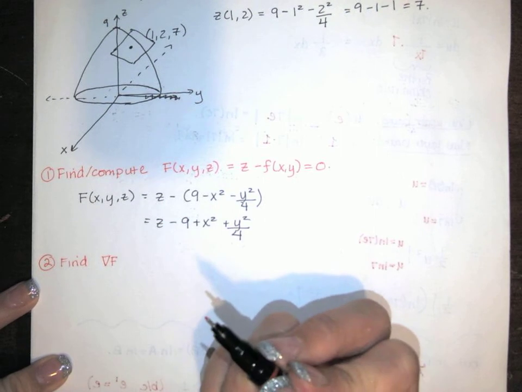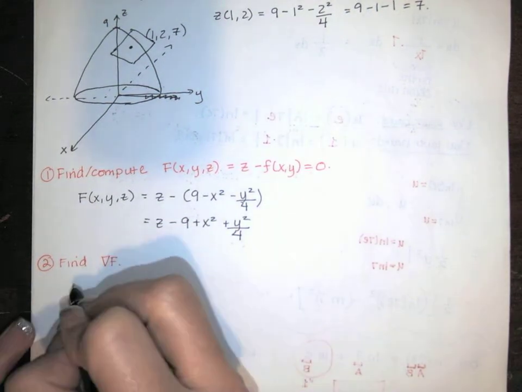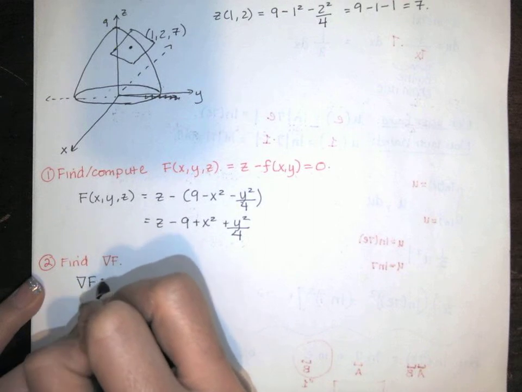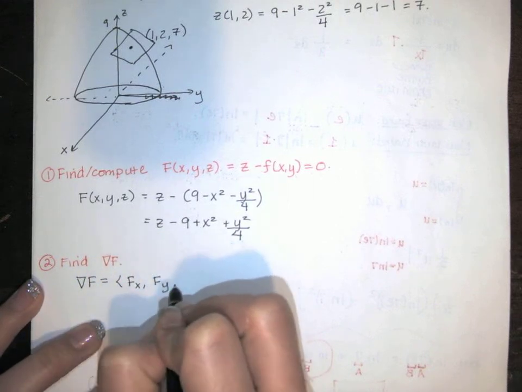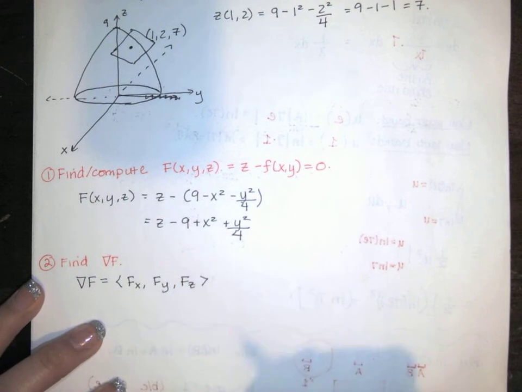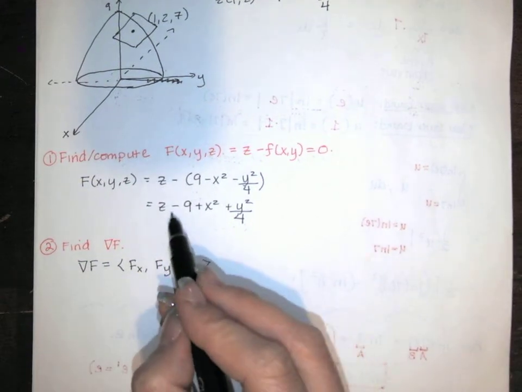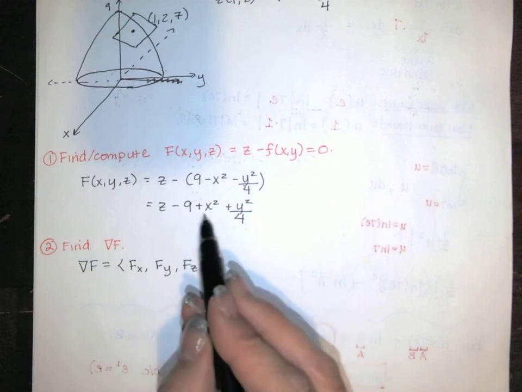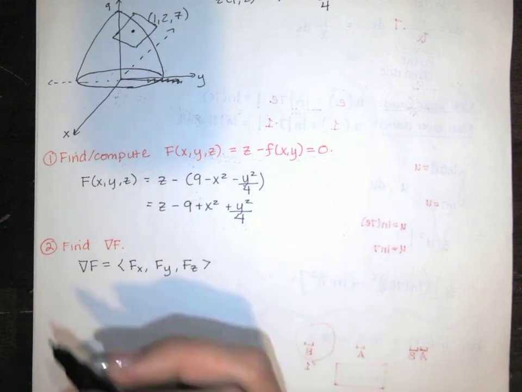We want to evaluate it at the point of interest, but I guess we'll just call that a separate step, excuse me. Since F is a function of 3 variables, we've got a vector of first partials. We're just going to take the first partial of this with respect to x, with respect to y, and with respect to z, and those are the components of our gradient vector.